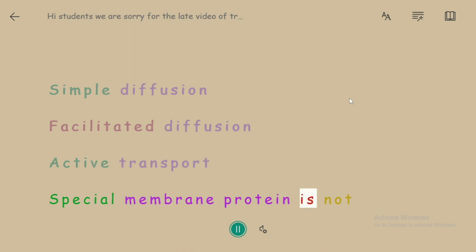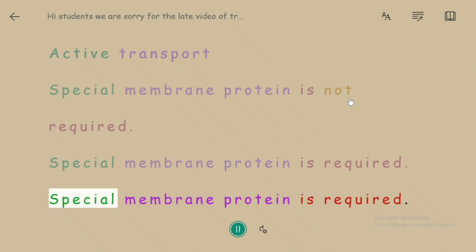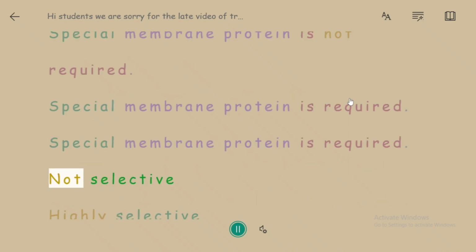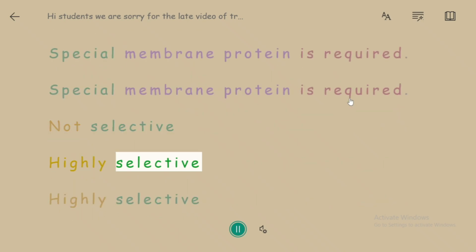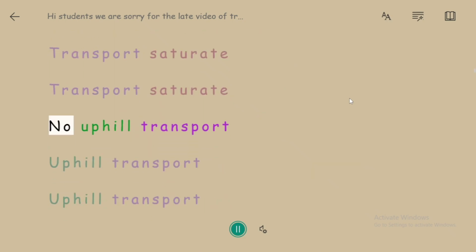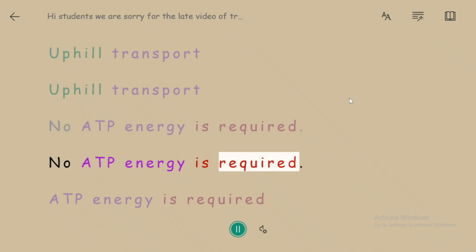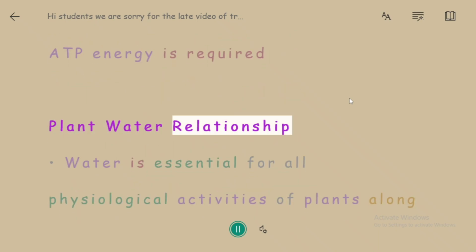Special membrane protein is not required in simple diffusion; it is required in facilitated diffusion and active transport. Simple diffusion is not selective; the other two are highly selective. Transport does not saturate in simple diffusion; it saturates in the other two. There is no uphill transport in simple diffusion and facilitated diffusion; active transport is uphill. No ATP energy is required in simple and facilitated diffusion; ATP energy is required in active transport.